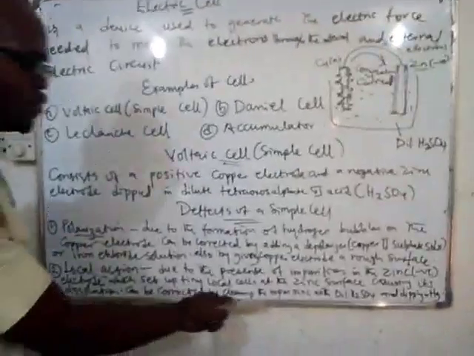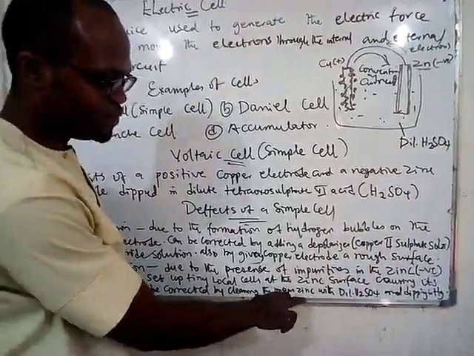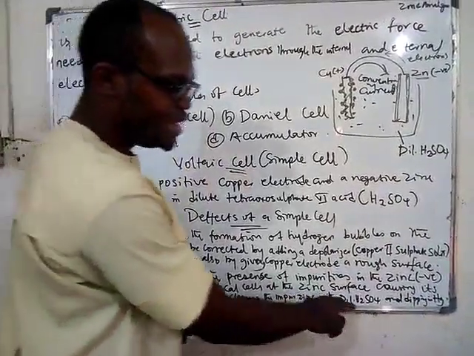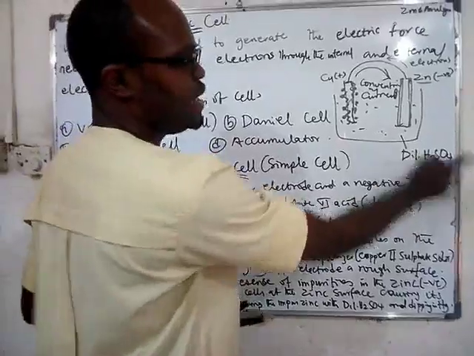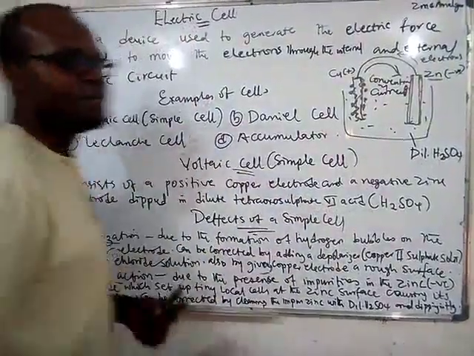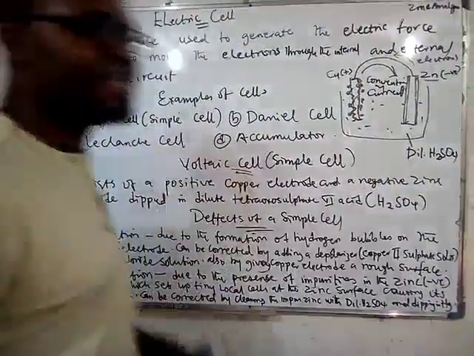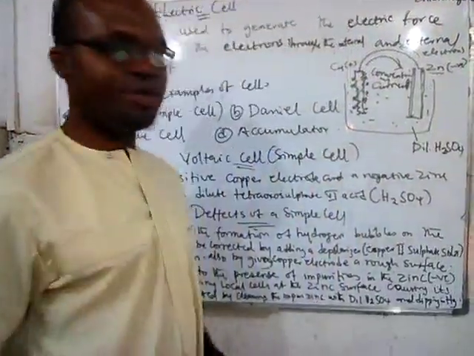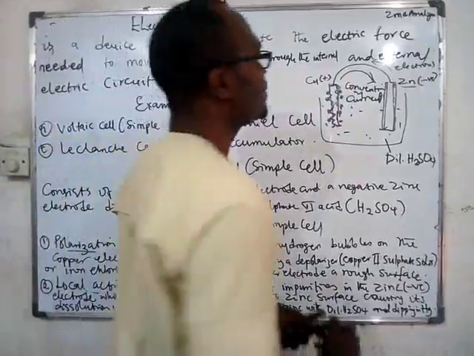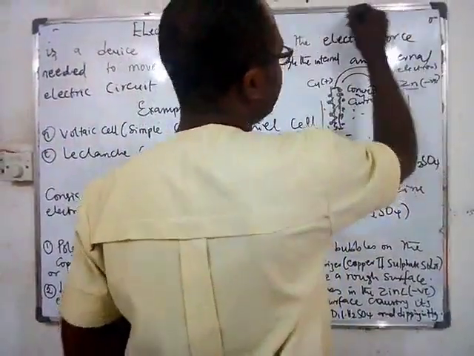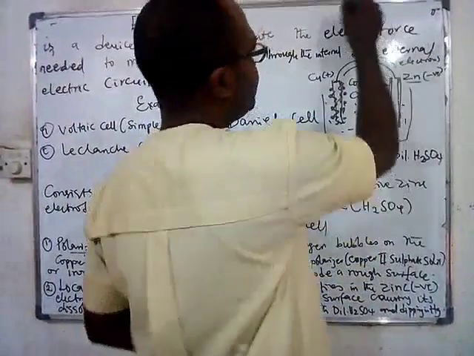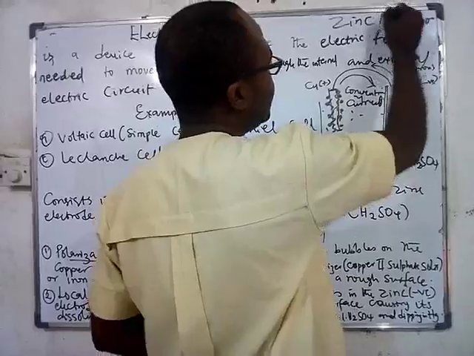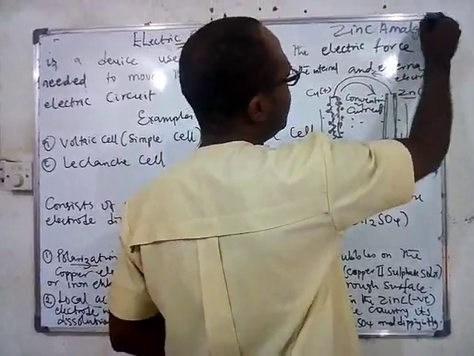Local action is due to the presence of impurities in the zinc electrode, which set up tiny local cells at the zinc surface, causing its dissolution. So how can you correct local action? You can correct local action by cleaning the impurities in the zinc with dilute H2SO4. Then after cleaning the impurities, you have to dip the zinc, not the copper, zinc into mercury, so that you have what we call zinc amalgam.